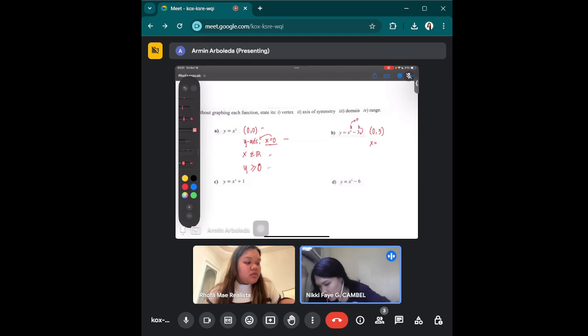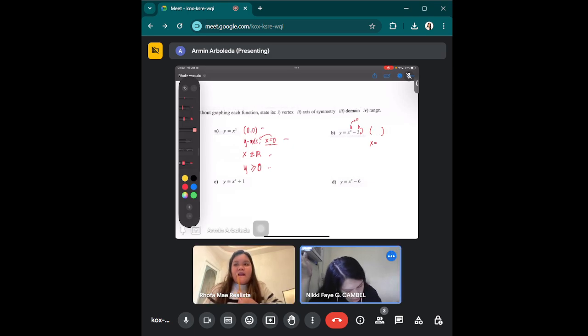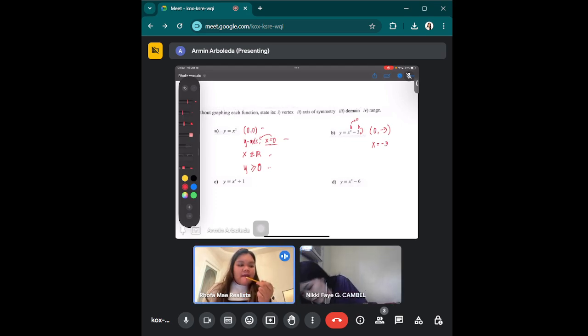Wait, why does my answer seem wrong here? Wait a moment, please. It's -3 actually. Let me double check. 0 and -3. So our axis of symmetry is what again? X is equal to -3. Because what's written in my book is wrong.